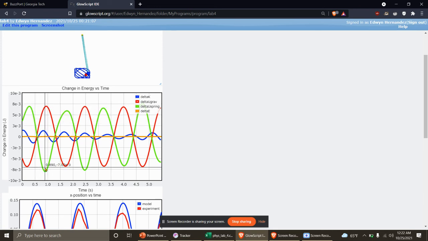So as this goes up, this goes down, and that's how it was. And our delta K dissipated with every oscillation, as in the real world, energy dissipates into heat or other types of energy.